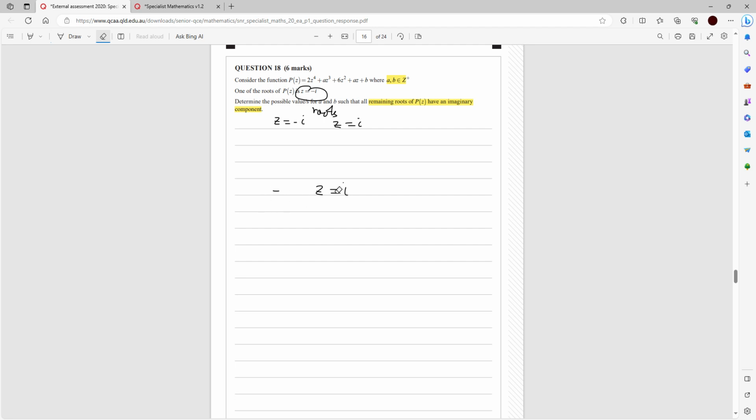Okay, so what we're going to do straight up is, when z is equal to negative i, that means p of negative i must be 0. So 0, and I substitute i wherever z is in this equation. So I have 2 of negative i to the power of 4 plus a negative i to the power of 3 plus 6 negative i squared plus a negative i plus b.